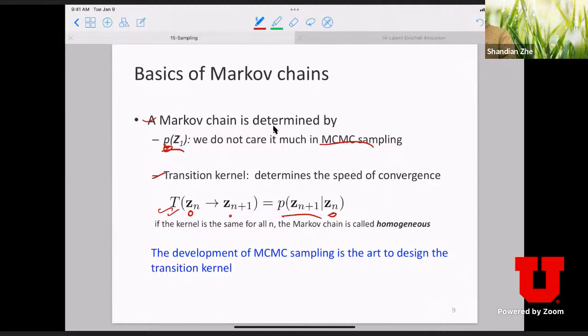And the property of the Markov chain is largely determined by the transition kernel, for example, how fast it converges to your target distribution. If this transition kernel is the same for all n, meaning that the form of the transition kernel doesn't change along with the step n, then the chain is called homogeneous. If it's inhomogeneous, it means that this T is also determined by the current step.